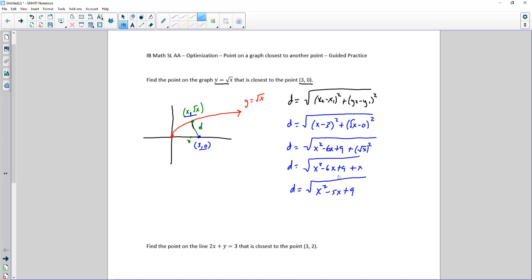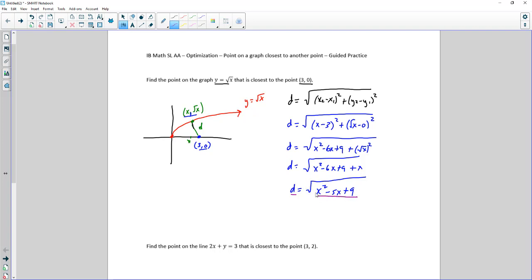So we need to minimize this distance, optimize it by minimizing this distance. We need the optimal situation here from this point to this point. We need to shorten this distance as much as possible. The distance will be the smallest when what's inside of it is smallest, because this is a square root function.